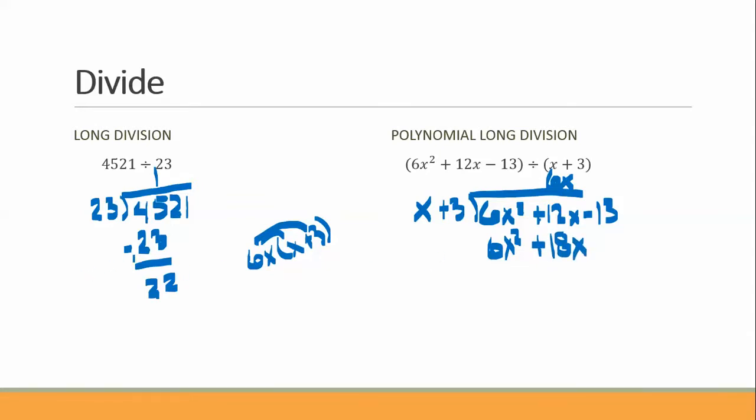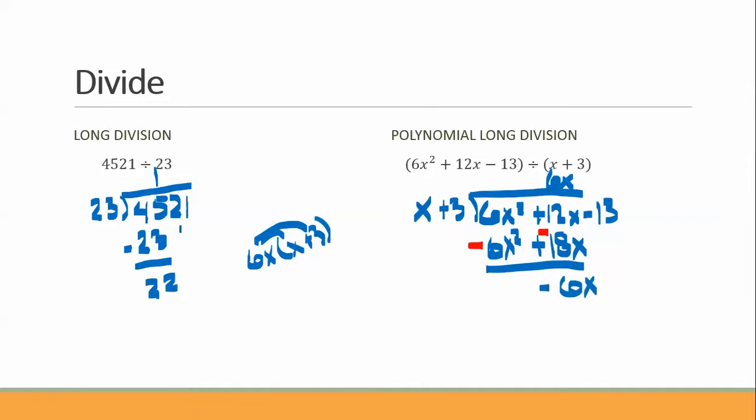But just like over here we subtracted, we're subtracting this whole thing. So we're subtracting the 6x squared and we're subtracting the 18x. And then 6x squared minus 6x squared is 0. 12x minus 18x is minus 6x.